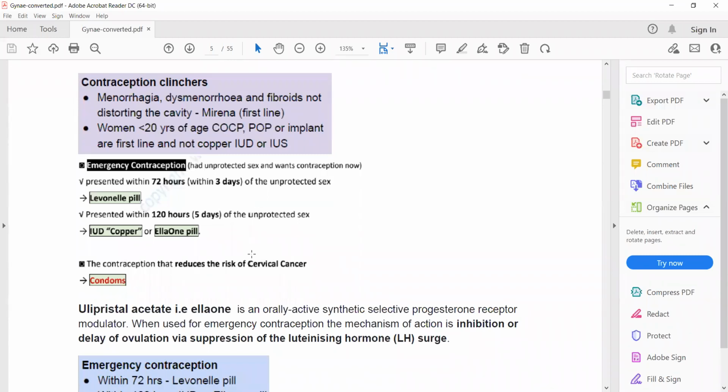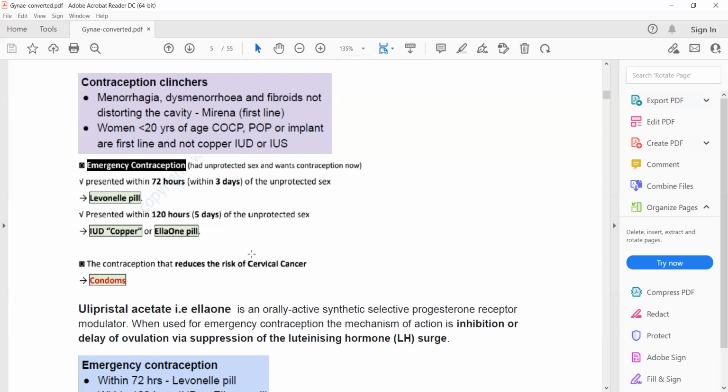Now, what contraceptive methods can be used in an emergency? If someone had unprotected sex and is looking for emergency contraception, then you have different options. If she presents within 72 hours, or within 3 days, of unprotected sex, the option that we have is the Levonorgestrel pill.